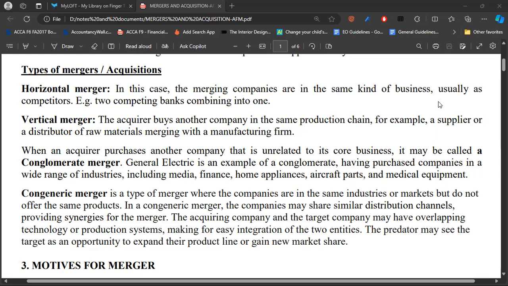When we are doing a vertical merger, we look at what the main purpose of doing it might be. The main purpose is to ensure a guaranteed supply of raw materials and eliminate the problems associated with coordination and negotiation with suppliers.